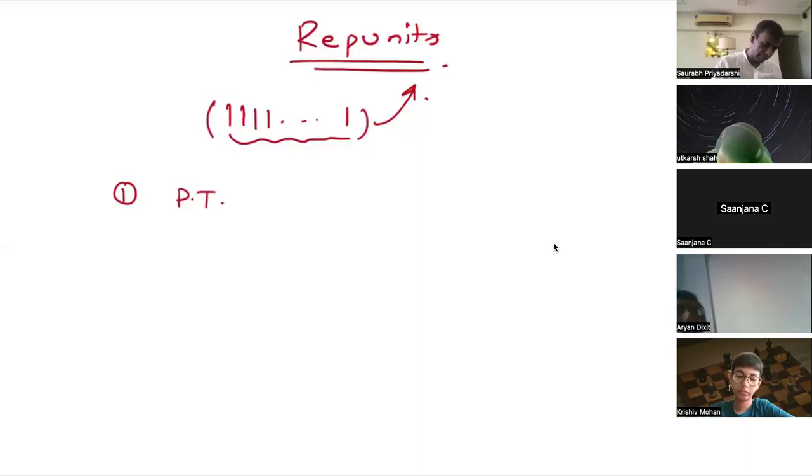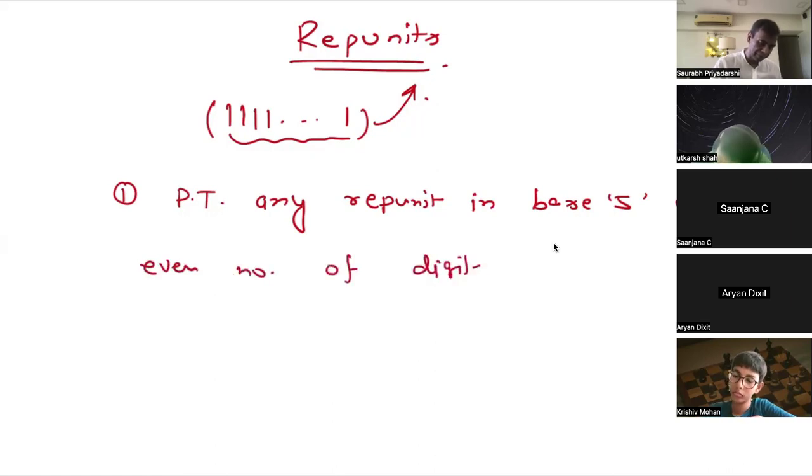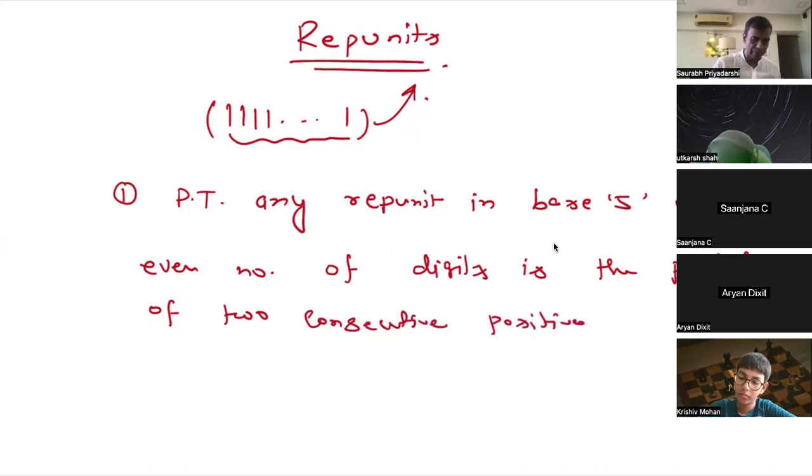Prove that any repunit in base 5 with an even number of digits is the product of two consecutive positive integers.